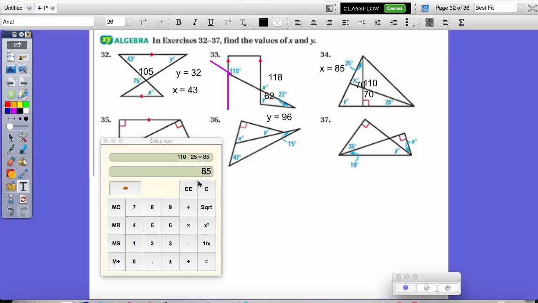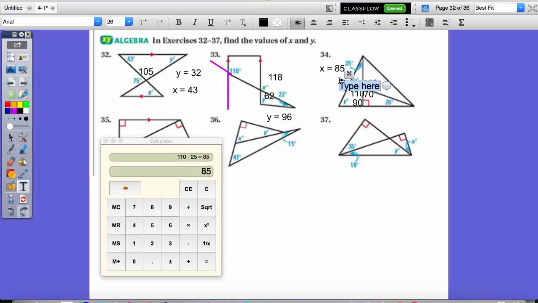So continuing on, sometimes you just start finding things to figure out what you can figure out. This is 90, so that's a linear pair. That one's also 90. This is 70, this is 110. X we said was 85. So this other part of the linear pair there is 95, because 85 plus 95 is 180. I don't know if we learned this yet, but I would assume you know this from a prior grade level, since this is a quadrilateral, that's all going to add up to 360.